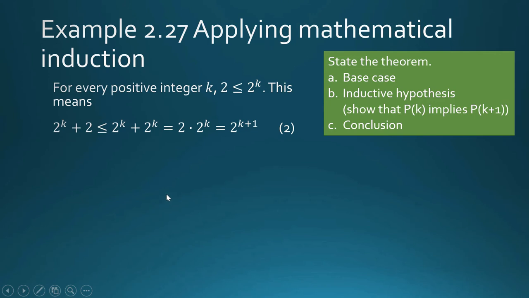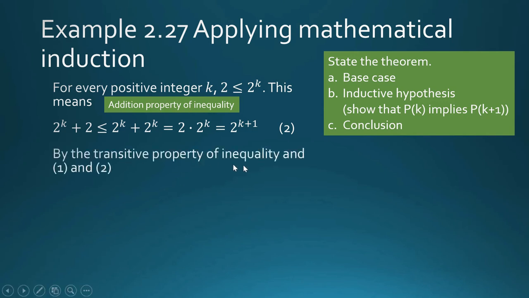So that is like the addition property again of inequality. Now, what is this? 2 raised to k plus 2 raised to k is 2 times 2 raised to k, and it is equal to 2 raised to k plus 1. This is just laws of exponents. So here again, I am emphasizing we are applying the addition property of inequality.